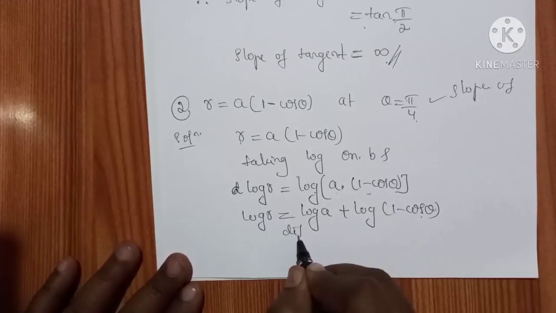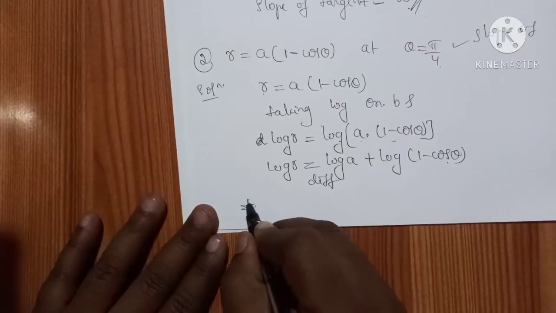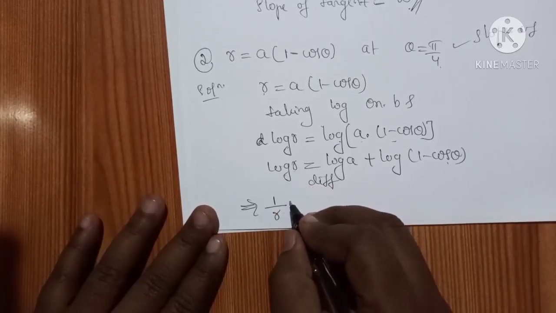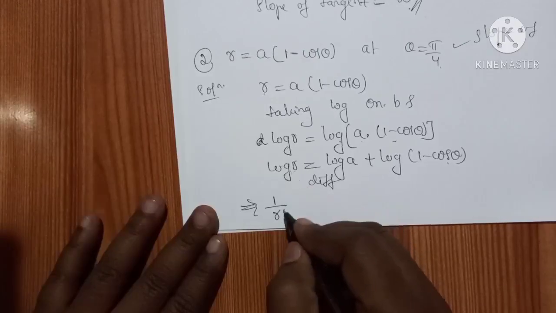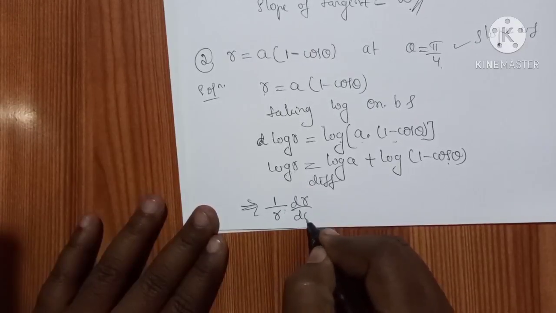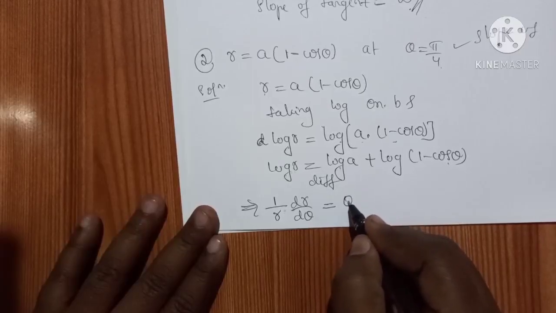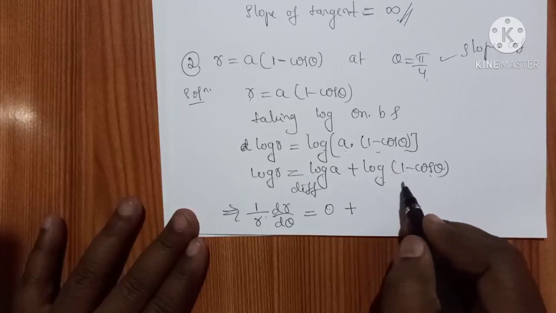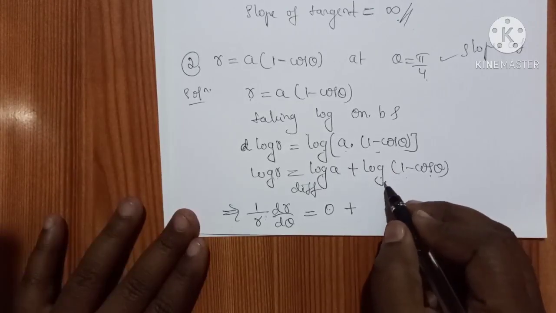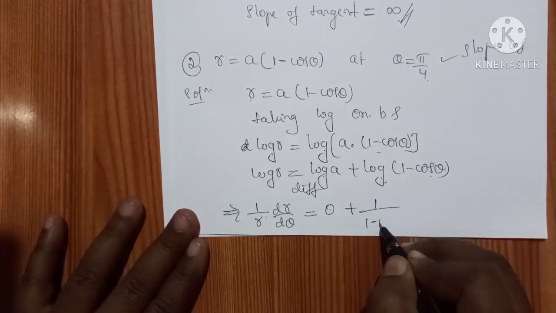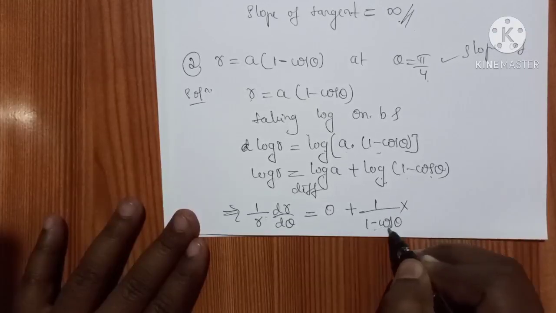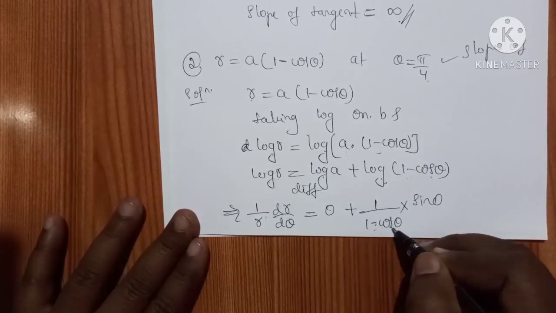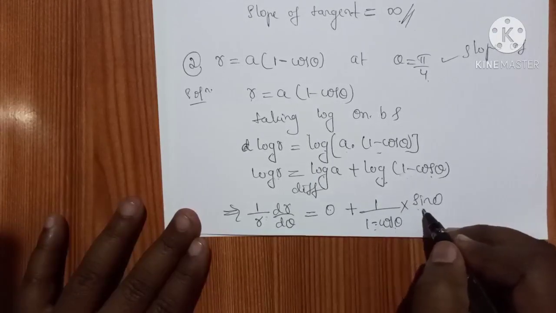Now differentiating, log r differentiation is 1 by r, since log x differentiation is 1 by x, into dr by d theta, equals log a differentiation 0 plus log of 1 minus cos theta. Log of 1 minus cos theta differentiation is 1 divided by 1 minus cos theta into 1 minus cos theta differentiation, which is sin theta; minus and minus gives plus, so sin theta.